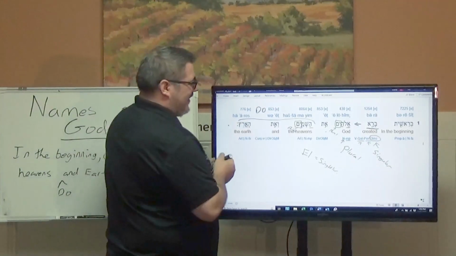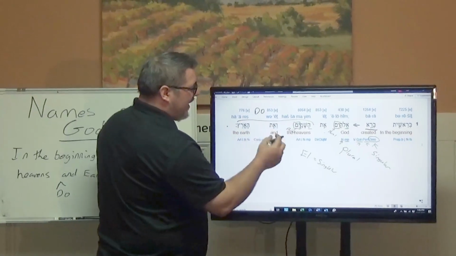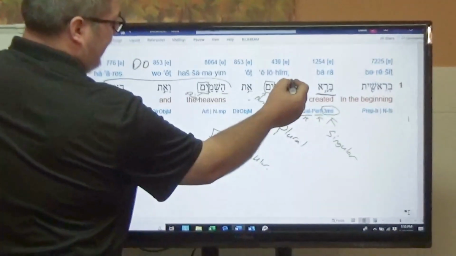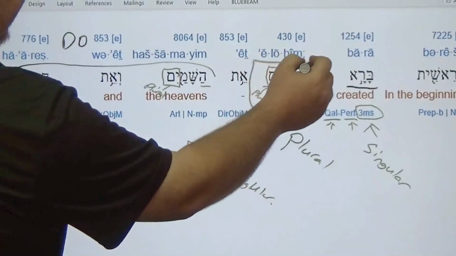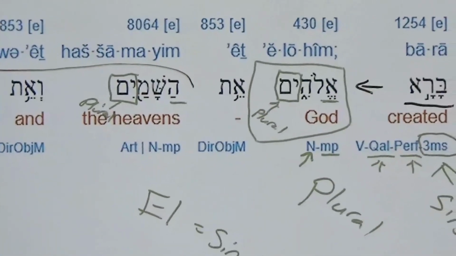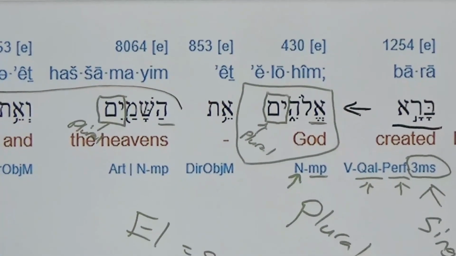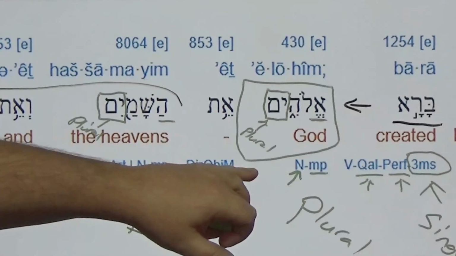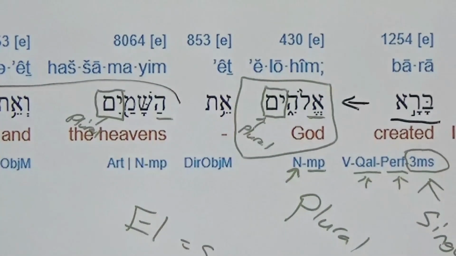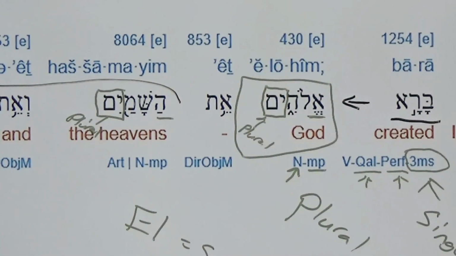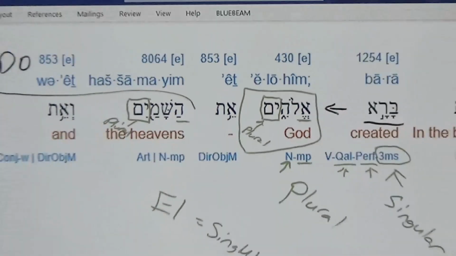When we're looking at this, though, the name Elohim is really interesting because Elohim is the first reference we have to God. And it quite literally means God. There's not really a whole lot to add to that.